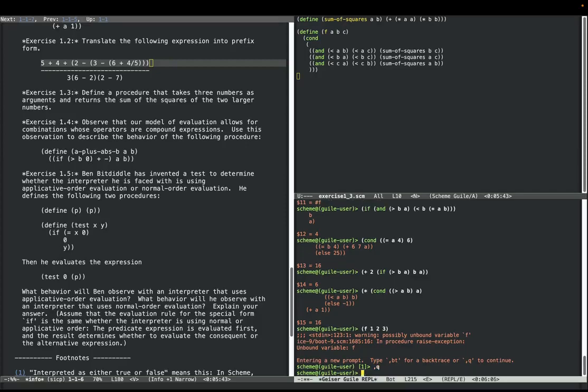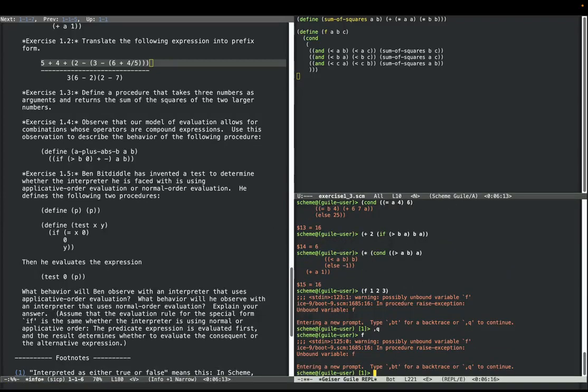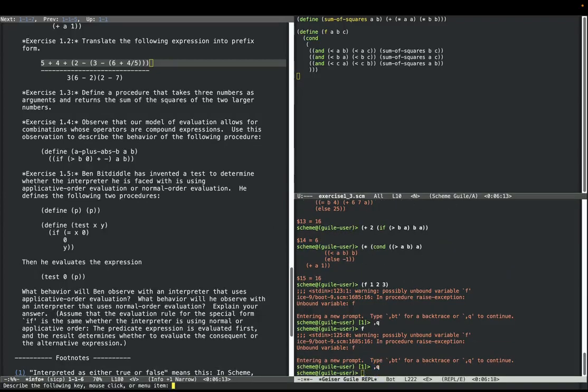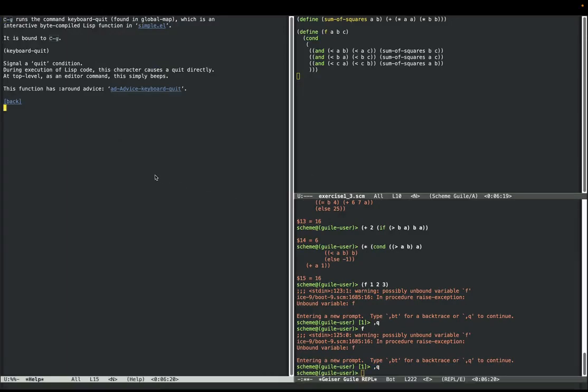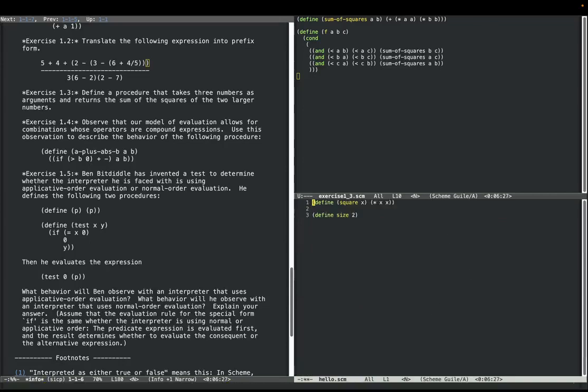Oh, excuse my language. Why did it not put the buffer down here? F. What? Okay, let me try and boot up Geyser again. I don't know what that is.